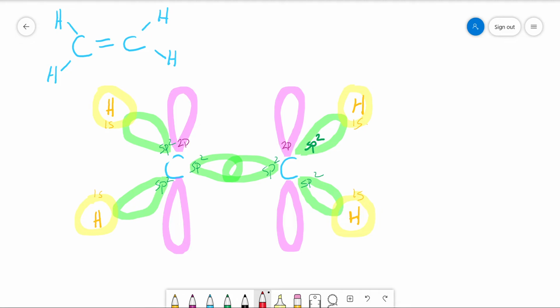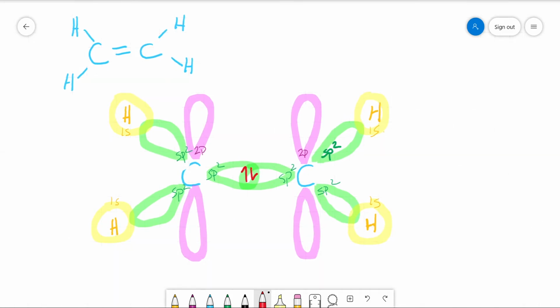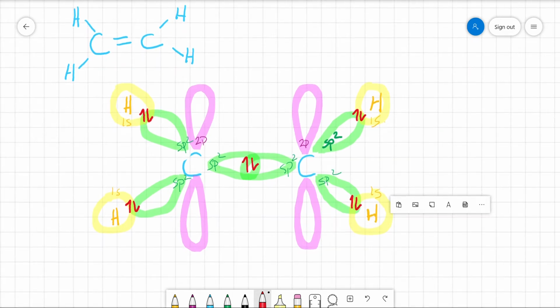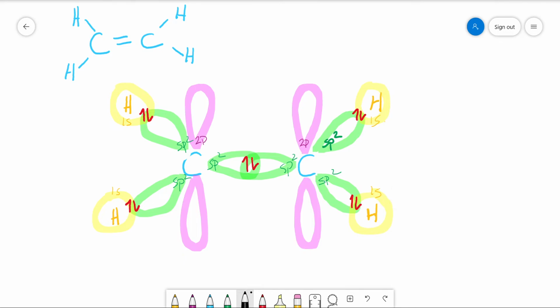Okay, so we have a bond here. There's some electrons in that bond. Bond here, 2 electrons, here, here, and here. All right, so now we have most of the bonds done, not all of them. What kind of bonds are these? I'm going to go with a different pen color.